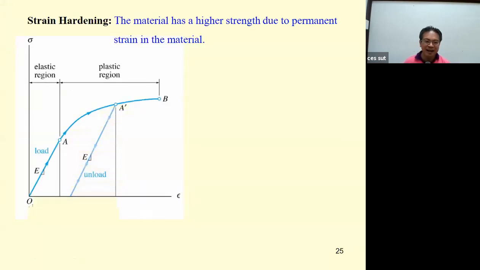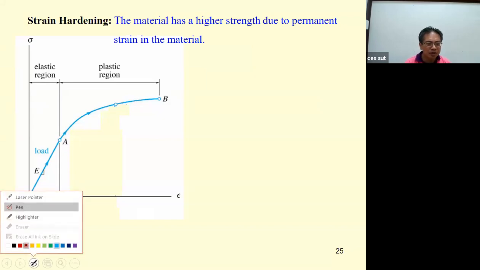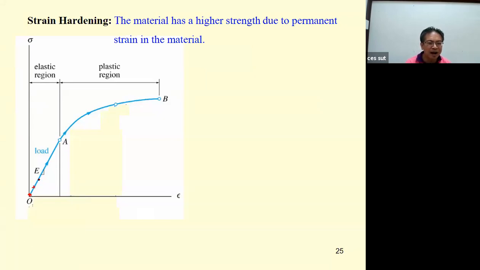And strain hardening: when you stress the material in the elastic region and then release the force or release the stress, the behavior will stay in the linear elastic region.